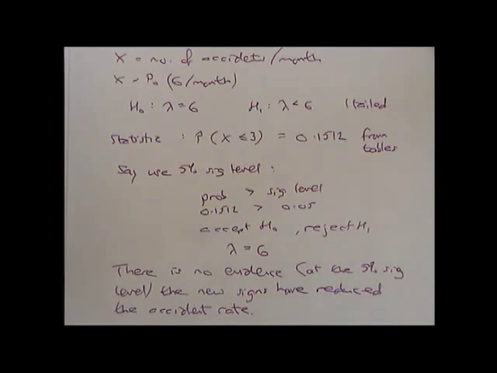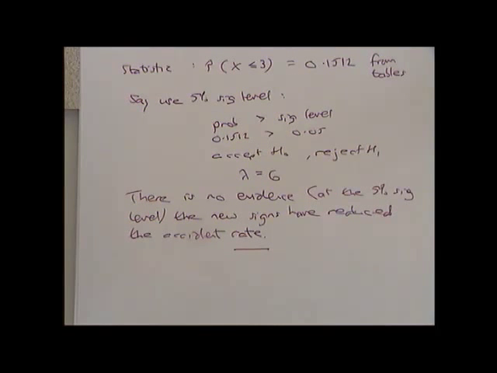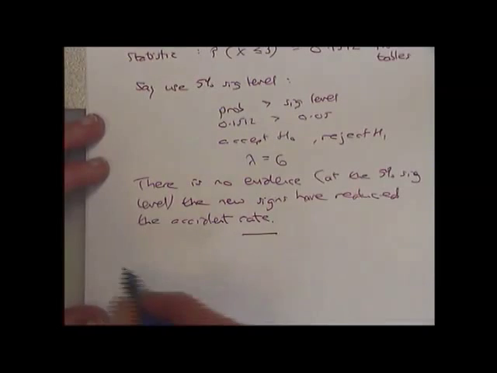So we've said here, at the 5% level, no significance. But let's pose a follow-on question: what rate of observed accidents in the next month would we have had to see to conclude that the signs did make a difference?